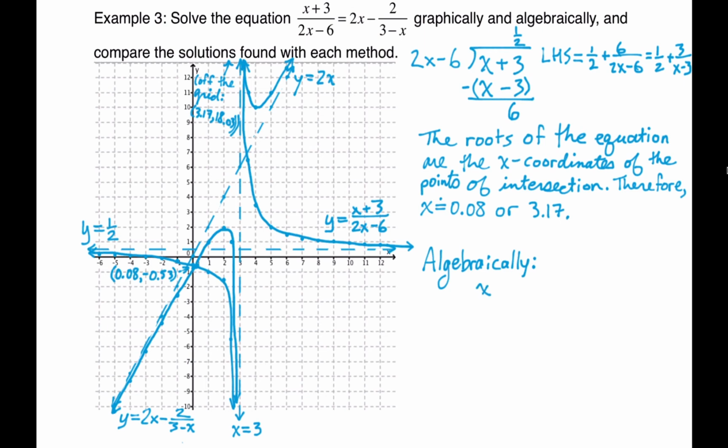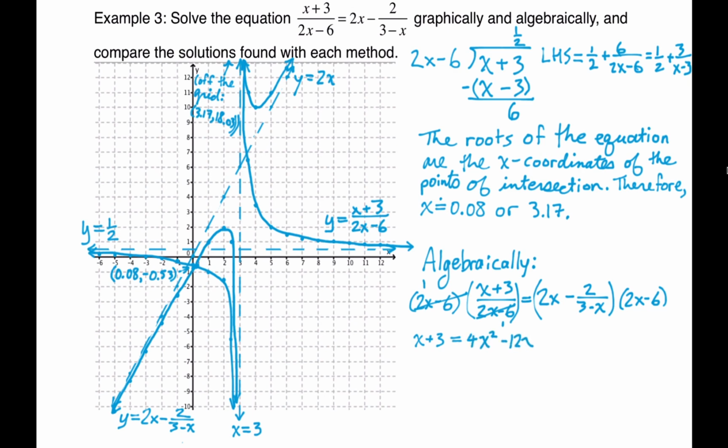Algebraically, what we would do is this. We'd take the equation and we would multiply both sides by 2x - 6. And here's what happens. It divides out on the left. And on the right, what you'll notice is that the 2x - 6 times 2x gives you the 4x² - 12x.